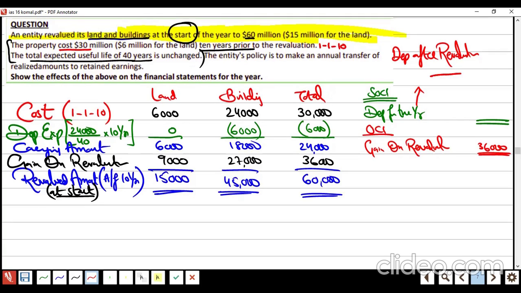The formula was revalued amount divided by remaining life, correct? So what is the revalued amount? 45,000, right? My question: remaining life is how many years?